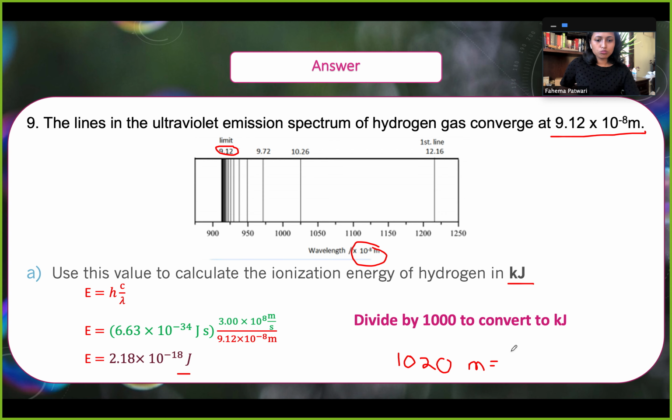You just divide by 1,000: 1.020 kilometers. So when you take a unit of anything and convert it into a kilo, like meter to kilometer, gram to kilogram, joule to kilojoule, you just take your number and divide it by 1,000.